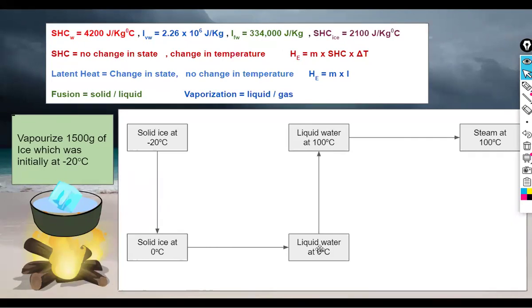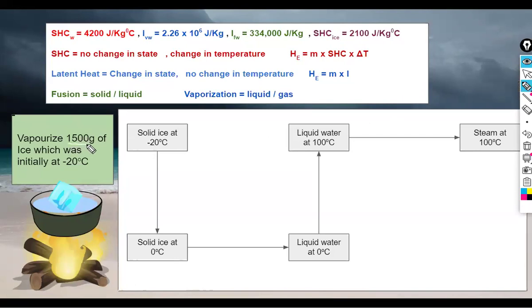Right. So to start off the question, you always have to ask yourself whether we're dealing with a specific heat capacity, meaning that there's no change in state, or we're dealing with latent heat, where there is a change in state.